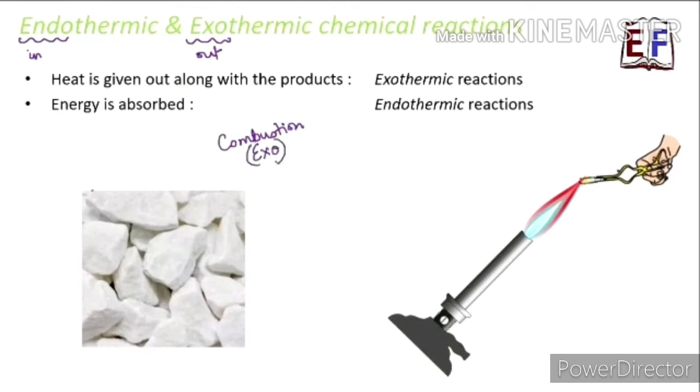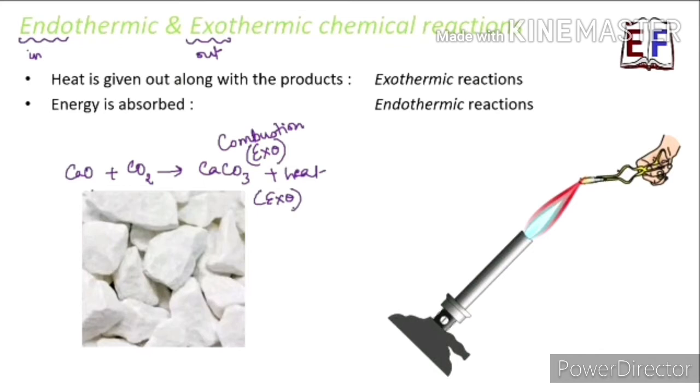So, they are exothermic. Besides that, calcium oxide combines with carbon dioxide to form calcium carbonate plus heat energy. So that is again exothermic reaction because heat is released as a part of this reaction.